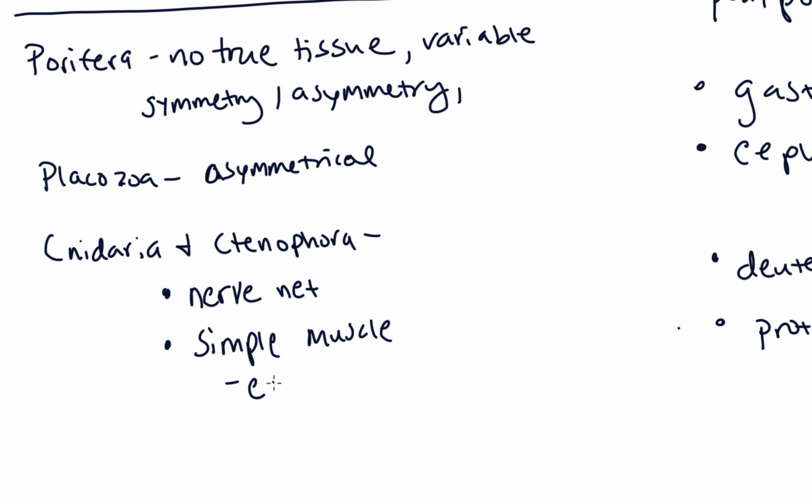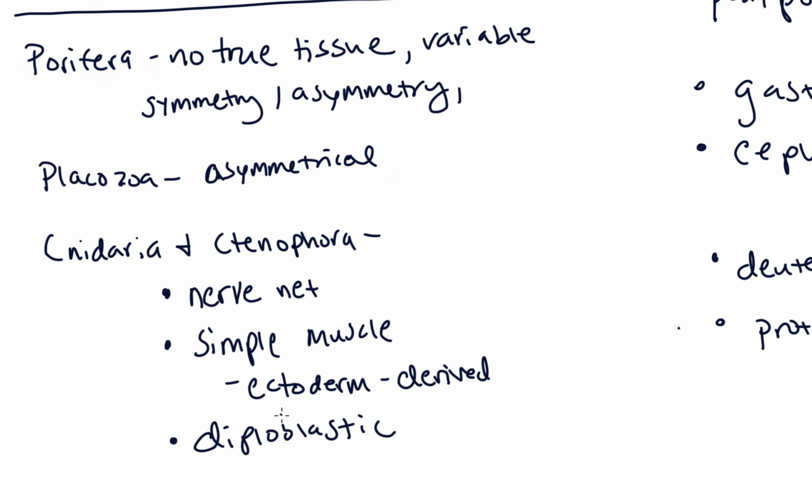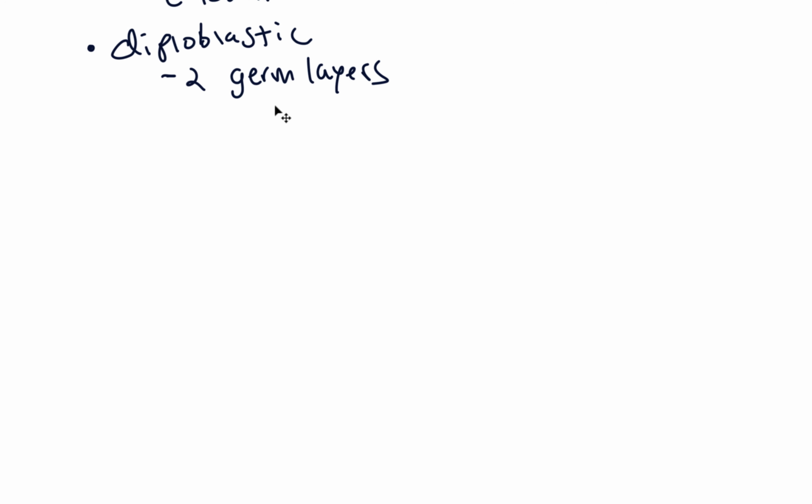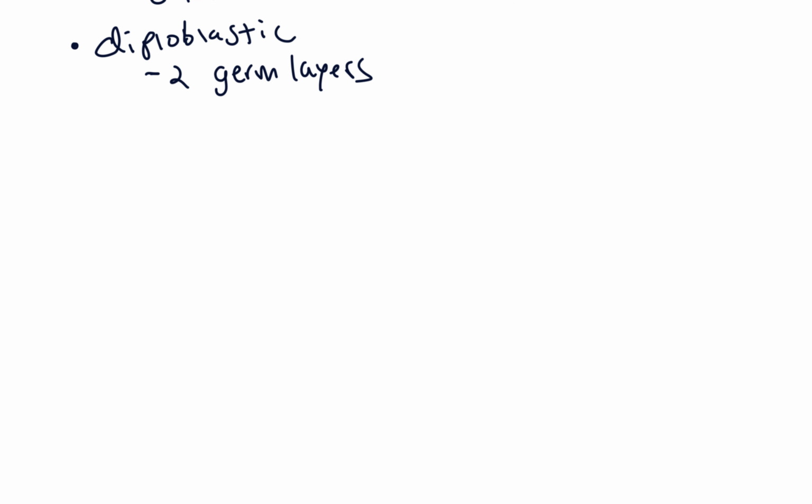It's primarily ectoderm derived, as far as I know. And the important thing about ectoderm is that cnidarians and ctenophores are diploblasts, or diploblastic, di meaning two, blast meaning germ. So they have two germ layers during development, two layers that differentiate into all the other tissues, and they consistently turn into specific tissues.